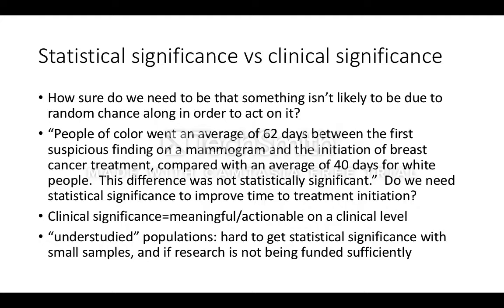Another example of something that might not be statistically significant, but does have a lot of clinical significance, is something like satisfaction surveys. If you are surveying your clients to see how satisfied they are with social work services and how well their needs are being met, and you have several different groups of clients, there might not be a statistically significant difference in how high different groups' satisfaction levels are.